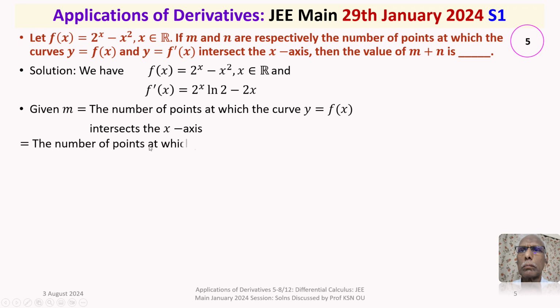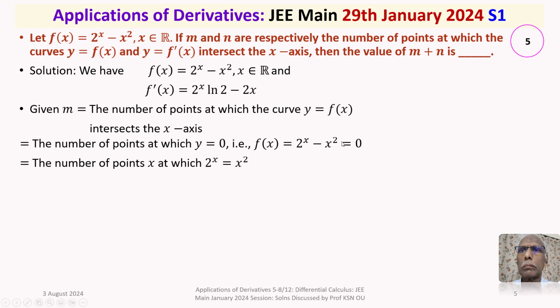So, the number of points at which y is 0, that is f of x is equal to 2 power x minus x square is equal to 0, will give you 2 power x is equal to x square.